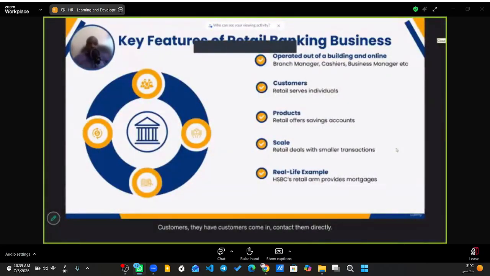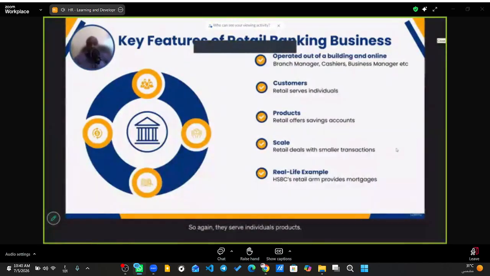Customers come in and contact them directly. And for those that are online now, usually part of a wider, bigger network or business, they can probably book appointments through the online app at their local branches, so someone can either call them back or they can go in to see someone, maybe to present some documentation.